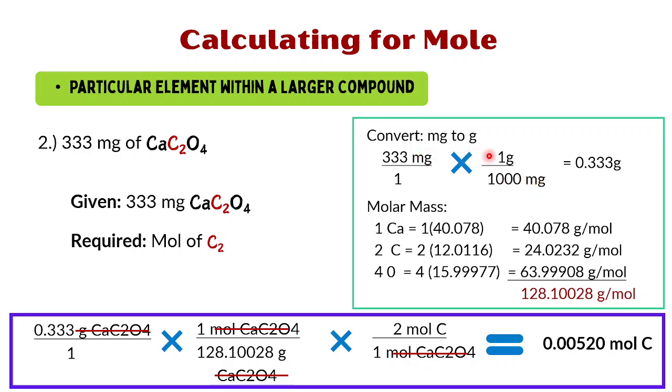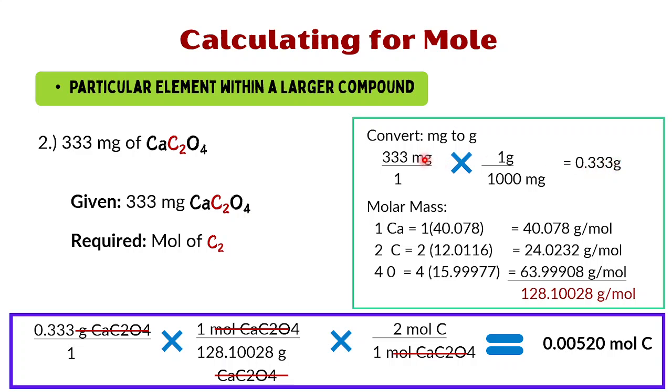For every 1 gram, there are 1,000 milligrams. So for this one, the milligram unit will cancel out. So, 333 times 1 divided by 1,000, and that's where you get 0.333 grams.